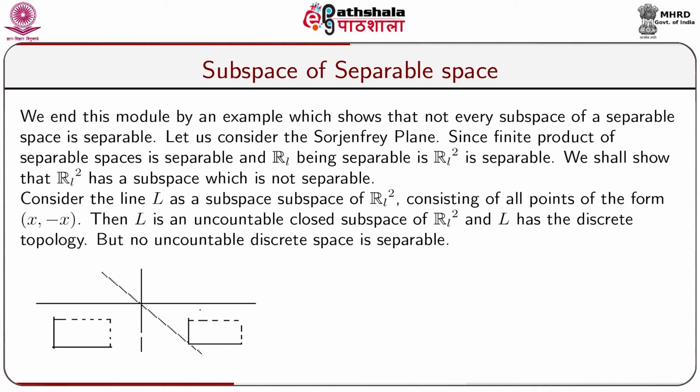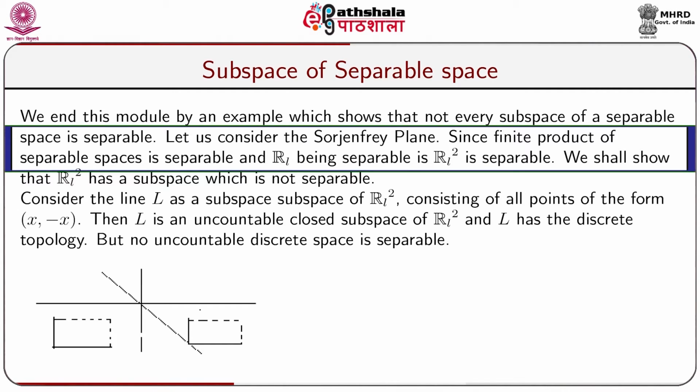In the previous theorem, I said that an open subspace of a separable space is separable. So, the question is whether every subspace of a separable space is separable. The answer is no.